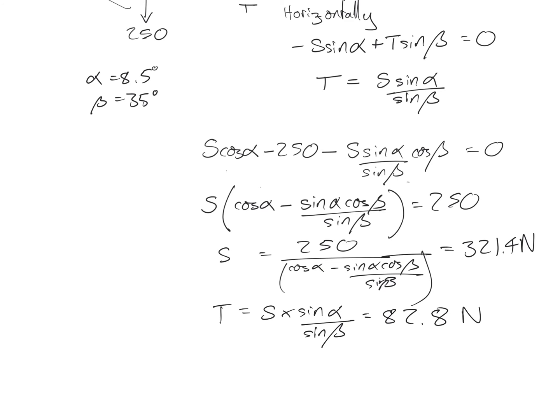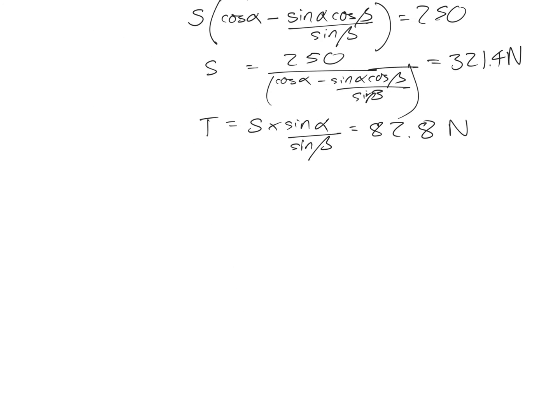There we go. And then part 5. Part 5 says, Abby's mass is 40 kilograms. Explain why it is not possible for her to raise the object to a position in which alpha is 60 degrees.